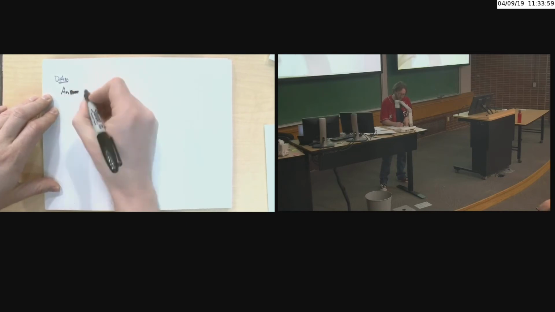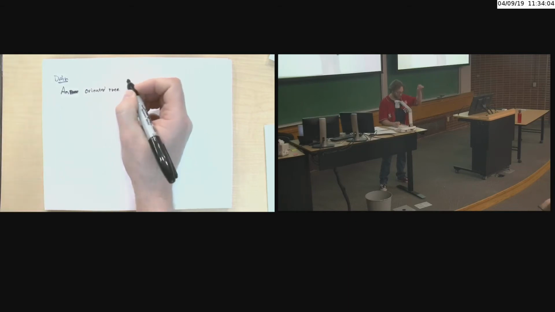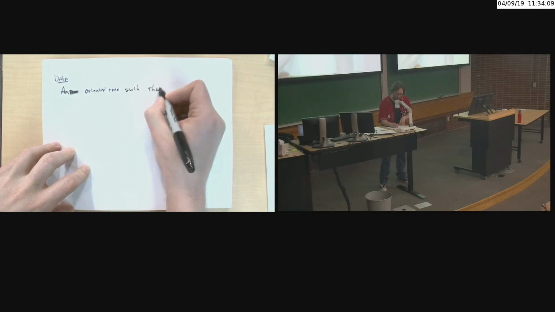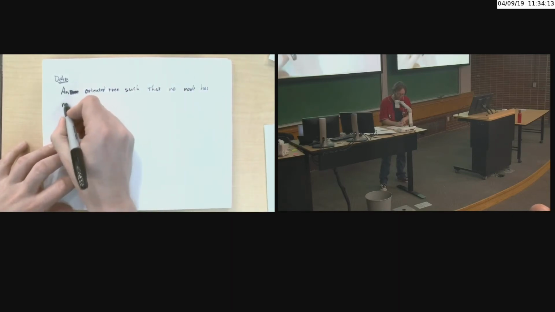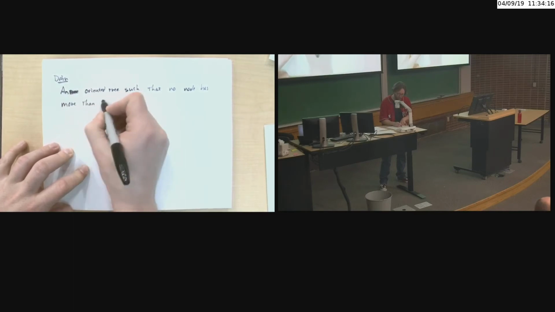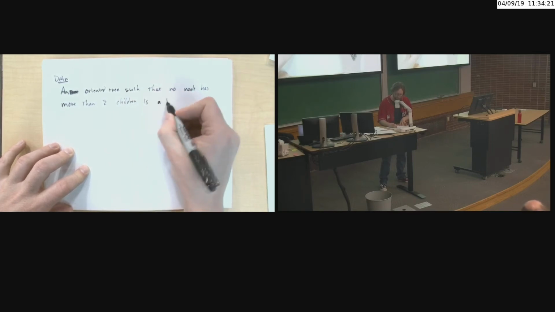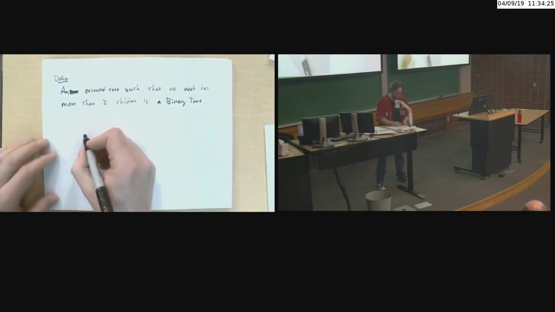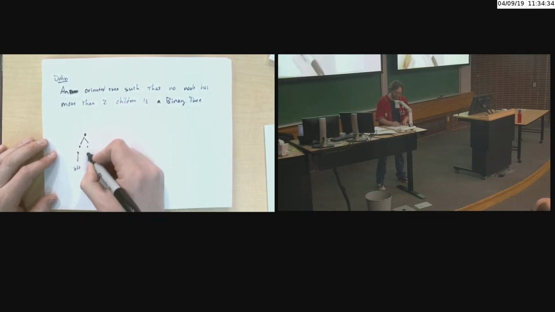An oriented tree, again, oriented downwards, such that no node has more than 2 children, is a binary tree. All right? It's perfectly fine to have a node with 2 children, right? In which case we call it the left child and the right child.